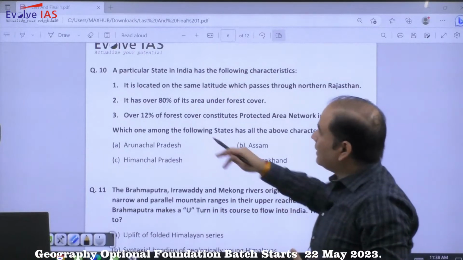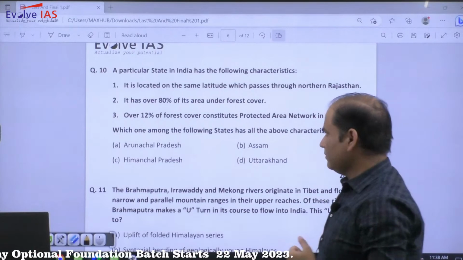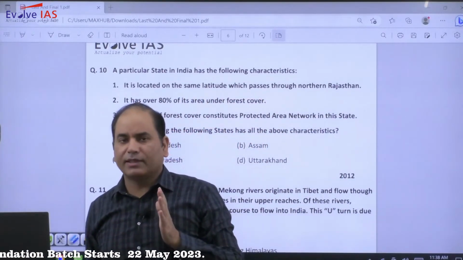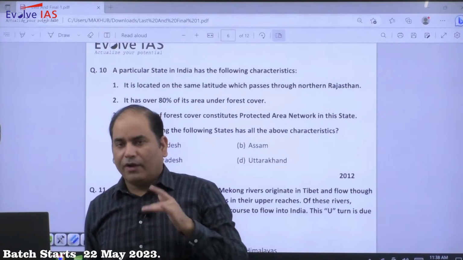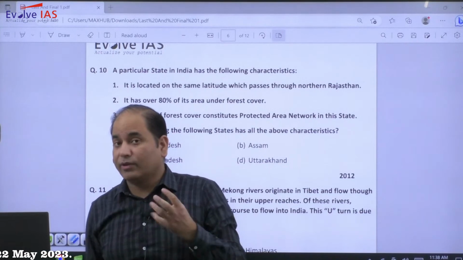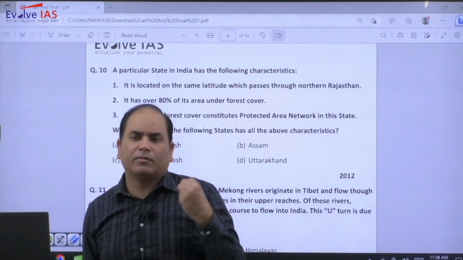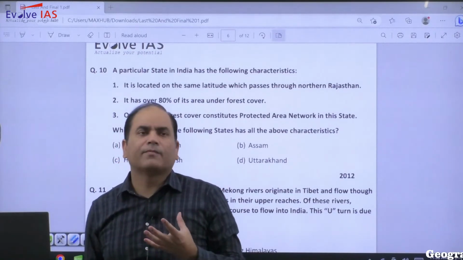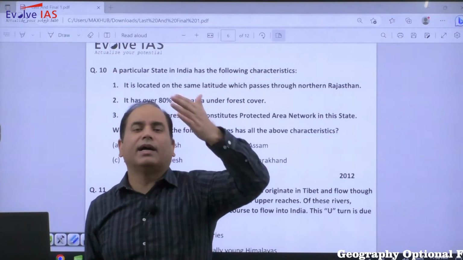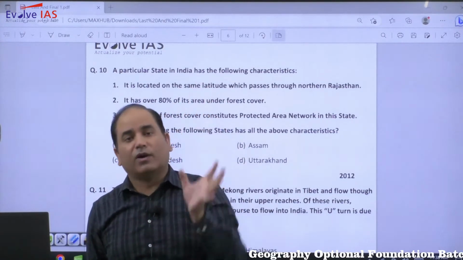The second is it has over 80% of its area under forest cover. On average in India, we have 23% forest cover. Now, India is trying to increase its forest cover. One more thing: be it forest or some other aspect, always remember the percentage of anything will be higher if the state is comparatively smaller.